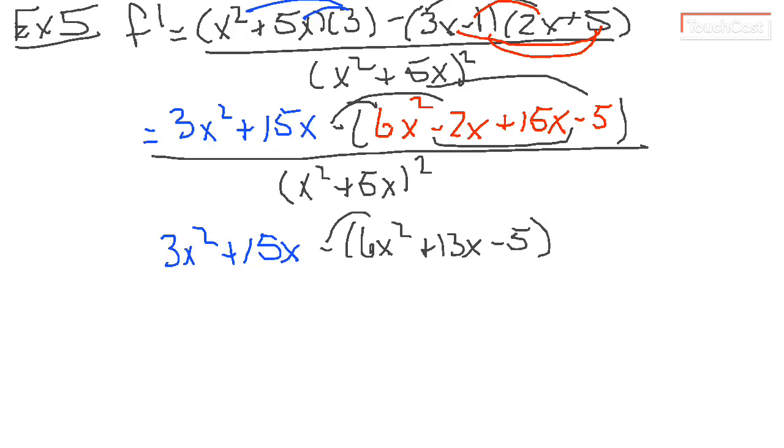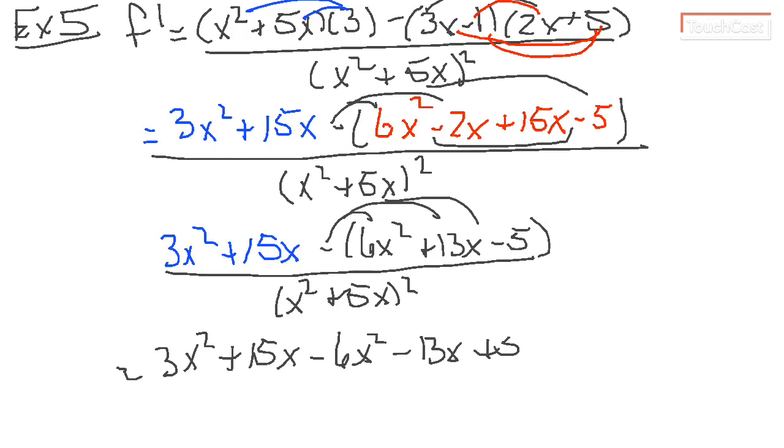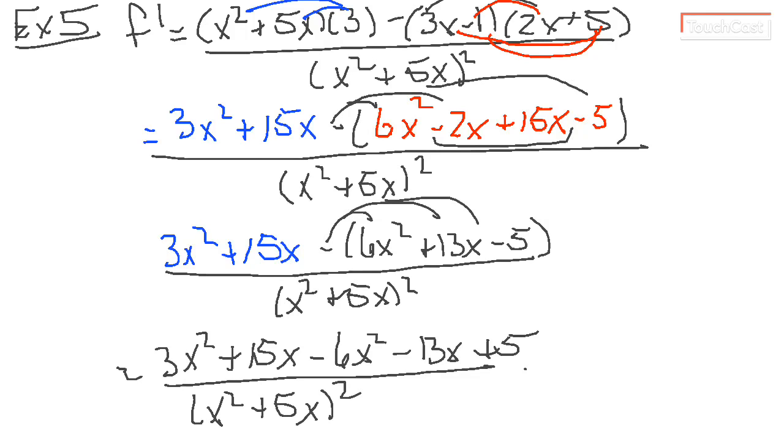And when we distribute this minus, that's just going to change the sign of everything in the parentheses. So our numerator is going to look like 3x squared plus 15x minus 6x squared minus 13x plus 5, all over x squared plus 5x quantity squared.